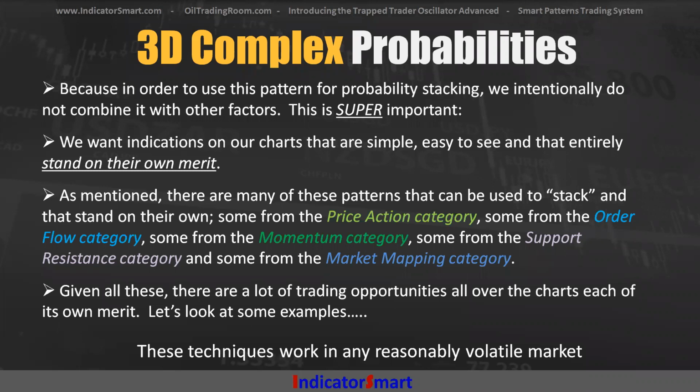So given all these, there are just tons of trading opportunities all over the charts that stand on their own merit. And then when they come together at the same time, you get the stacking. But we're going to look at some examples now.